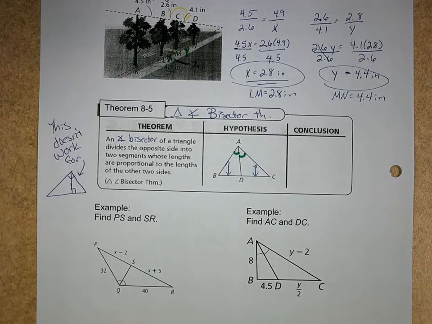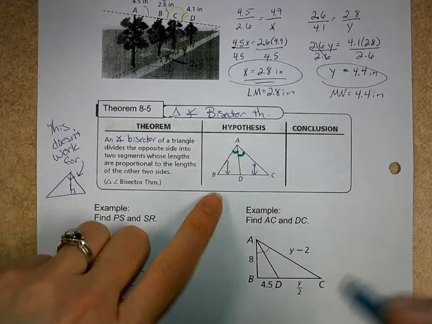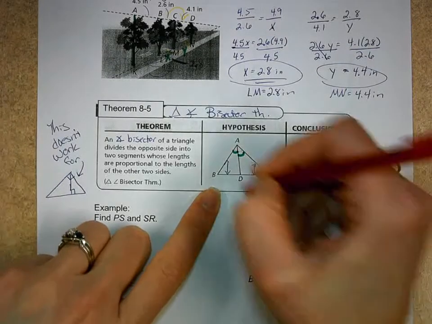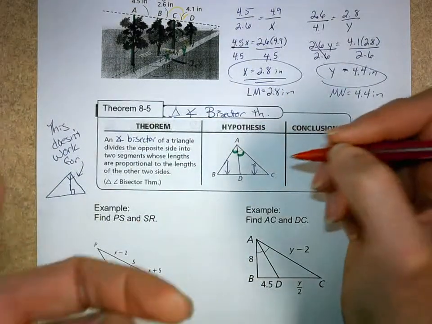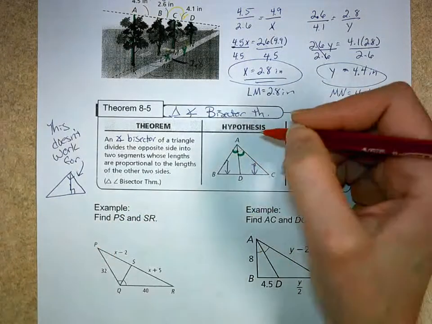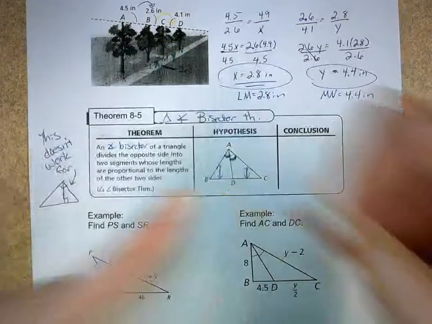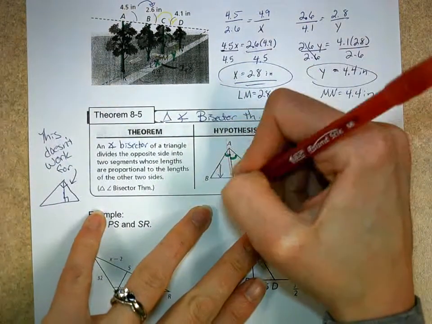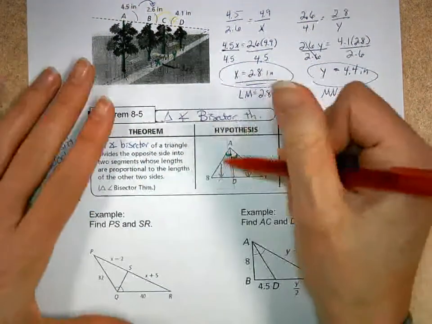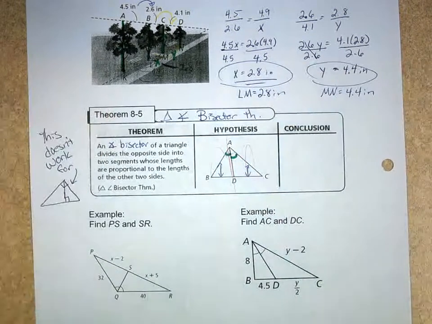And there's more than one way of setting up this one again. I don't really care which one you do, as long as you go the same direction. The one I like best, and actually have in my notes, is the second one. I'm going to let AD, the angle bisector, be a divider that divides it in half, and these two go together and these two segments go together.